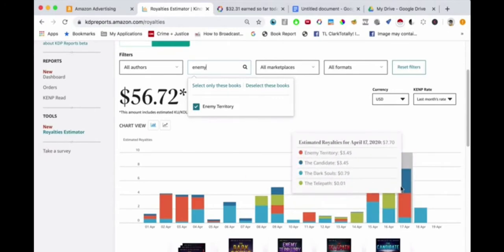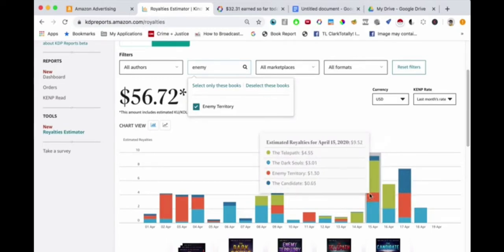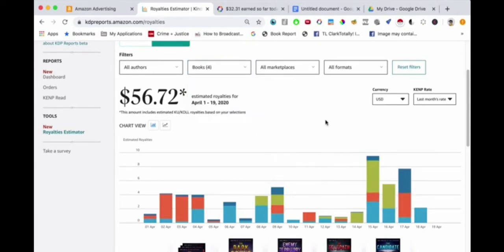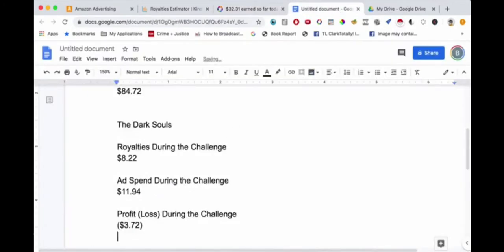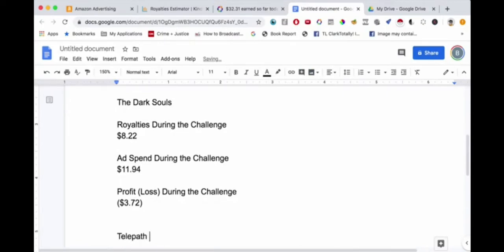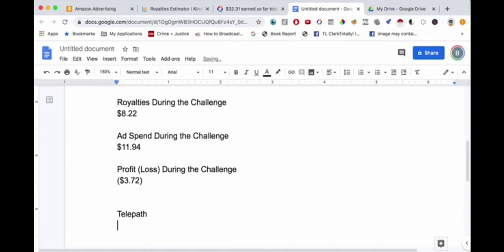Now, if we added all those up, now this is not how read-through is calculated. This is just kind of a top-level estimate. But if we added all of those together, we would find, here, let's say, Telepath, I earned $9.59 during the challenge.